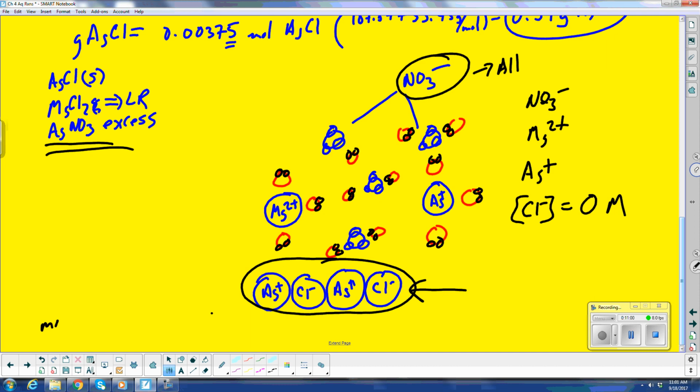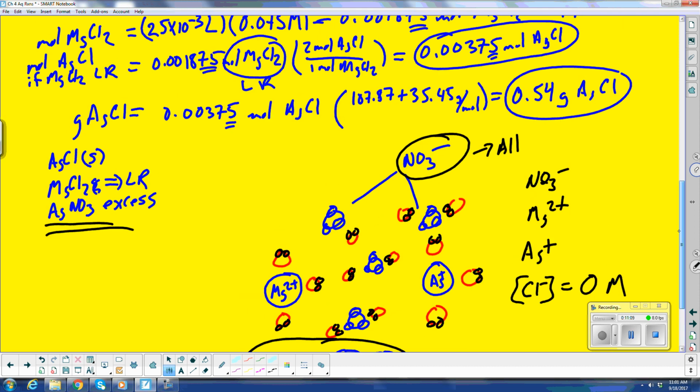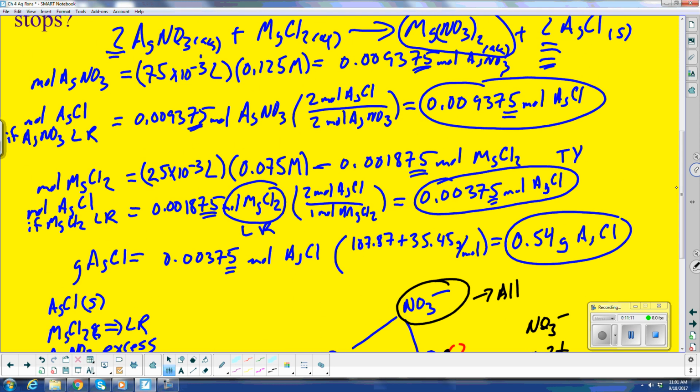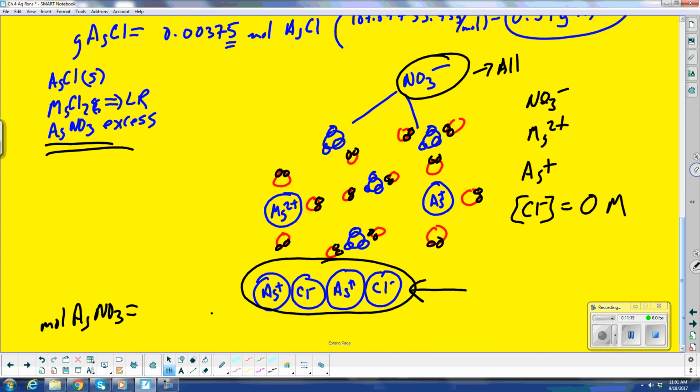My original moles of silver nitrate were right here, 0.009375, and that's of my silver nitrate.